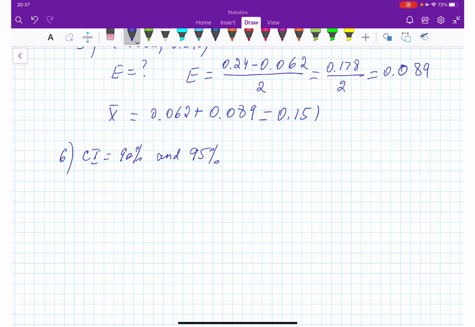So what we are given: a random sample of 50 home theater systems, which is n equal to 50, has a mean of $149, and standard deviation is $19.60.